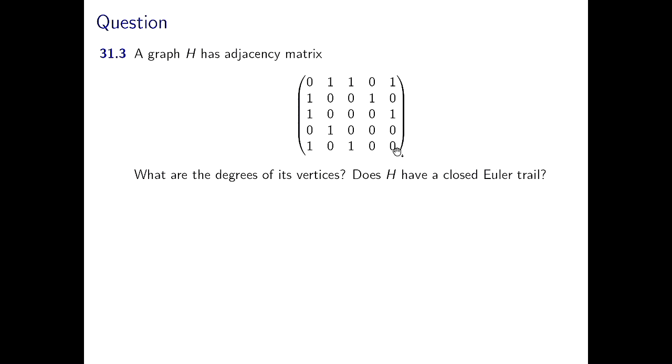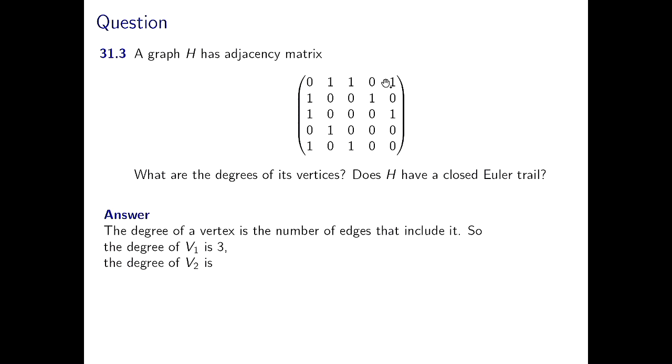So what's the degree of the first vertex? 3, right? V1 is joined to V2, V3, and V5. So degree of V1 is 3, degree of V2, 2, degree of V3, 2, degree of V4, 1, degree of V5, 2.